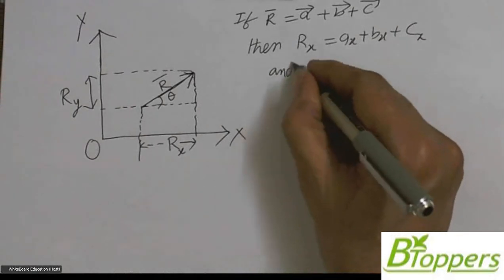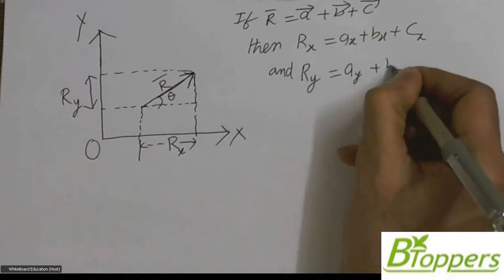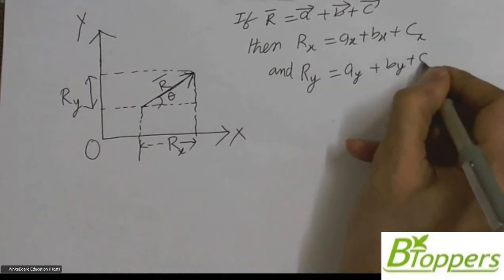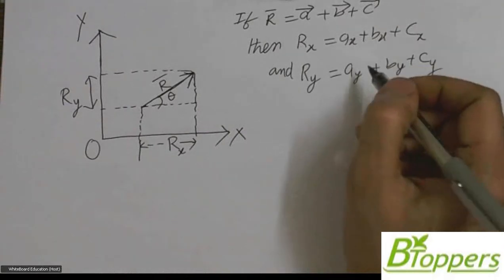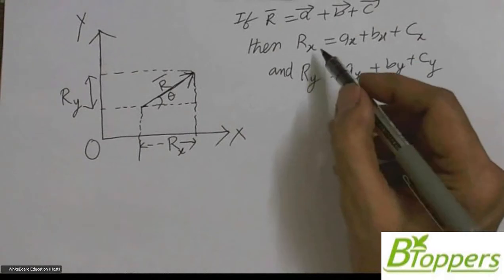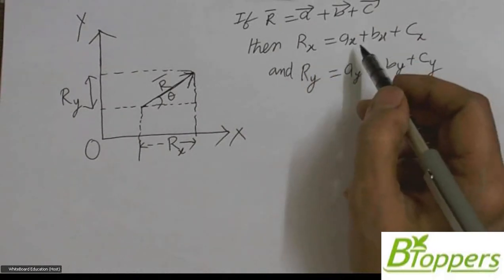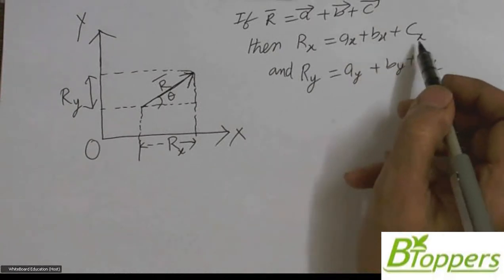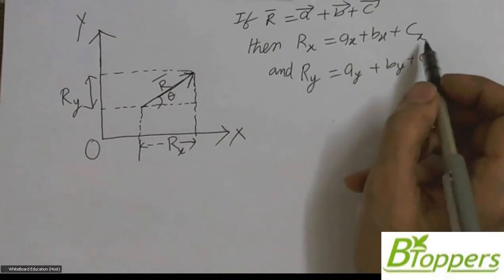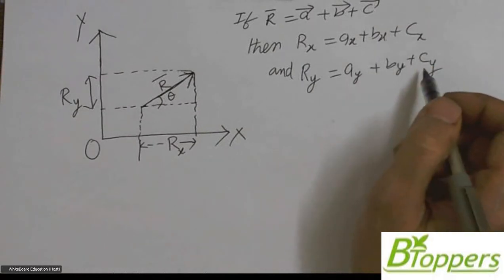And similarly, Ry can be written as Ay plus By plus Cy. That means the rectangular components of the resultant vector can be found by adding the corresponding rectangular components of the component vectors along the coordinate axis.